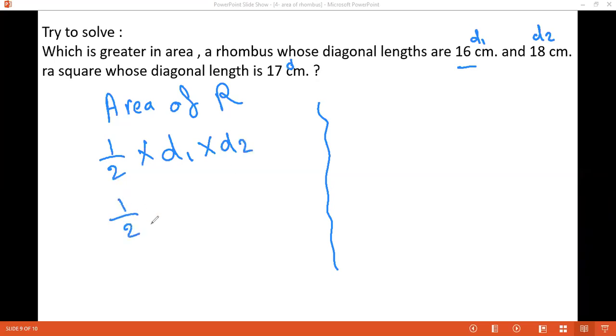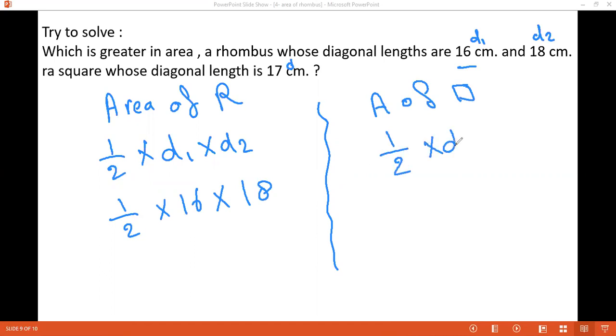It will be half multiplied by 16 multiplied by 18. And here, area of a square is half by D, because the diagonals of a square have the same length, so half by 17 by 17.